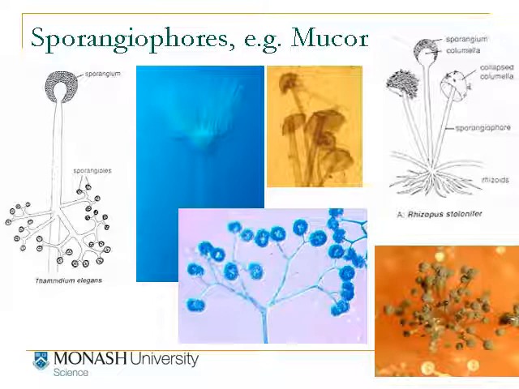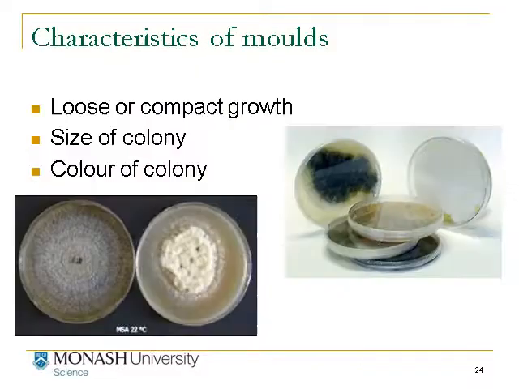The rest are pictures, micrographs, seen under microscopes. When you grow these molds in culture media, you will see loose or compact type of growth as shown here in the picture. And there are, of course, various sizes and color of colony based on the different species of fungi.